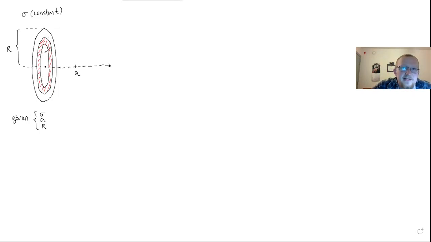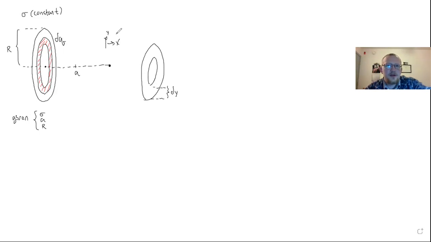But first, this band contains charge, and the amount of charge contained in this band is going to be called dq again. Then let me draw the band again a little bit off to the side so that it's easier to see what we're doing. This band is going to have a width of dy. I'm still saying this is the y direction, this is the x direction, the same configuration of coordinates as the last problem.